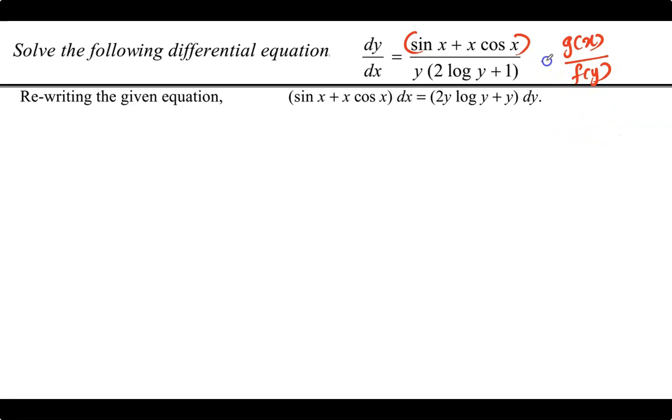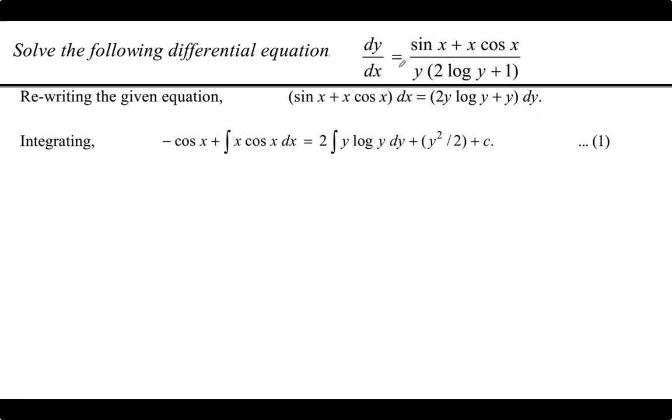So we can write f of y into dy equal to g of x into dx to separate the variables x and y. Thus we have sin x plus x cos x into dx is equal to 2y log y plus y into dy by cross multiplication.